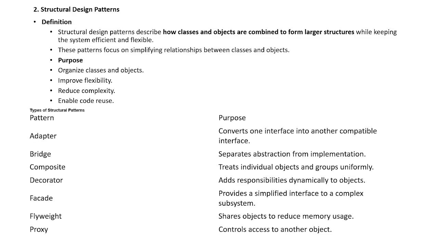Now, the next is the structural pattern. Structural design patterns describe how classes and objects combine to form larger structures. These patterns mostly focus on the relationship between classes and objects: how to organize the classes, how to improve flexibility, how to reduce complexity.